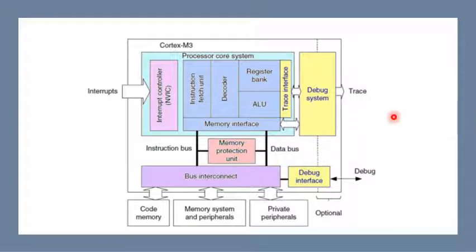In that, we have explored a few of the units like decoder, instruction fetch, and other things in detail. In this lecture, we shall see the details of register bank, memory protection unit, and interrupt controller, that is non-vectored interrupt controller.